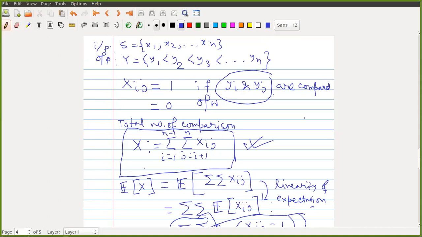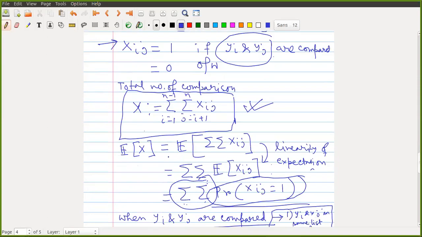So this is the random variable, and we are summing over this random variable and finding its expectation, right? By linearity of expectation, this comes down to this part. And since xij is a 0-1 indicator random variable, this thing is clear.